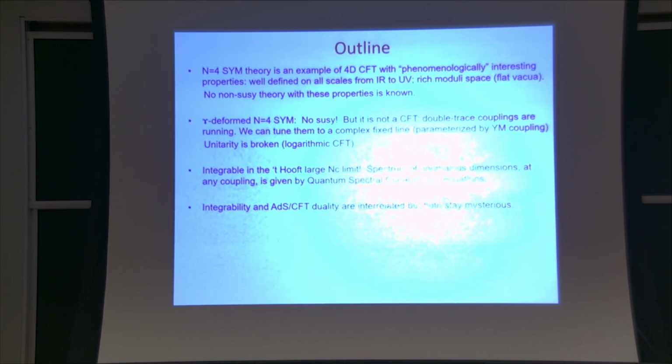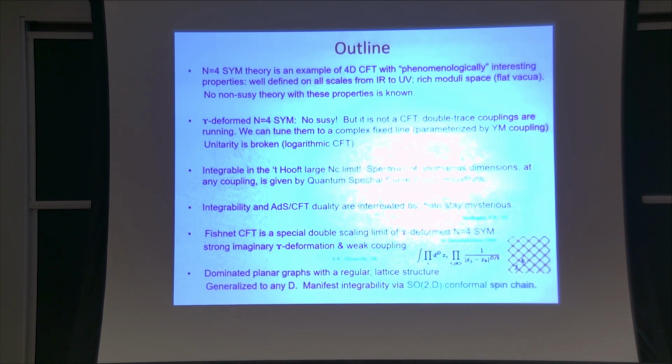Both phenomena stay mysterious, and that's why we proposed once with Omer Gurdogan a special double scaling limit of gamma-deformed n equals 4 Yang-Mills, which combines strong imaginary gamma deformation, already smells like non-unitary, and weak coupling.